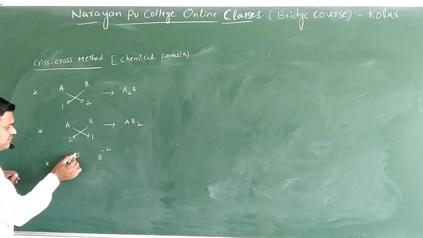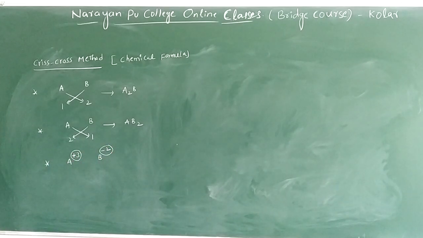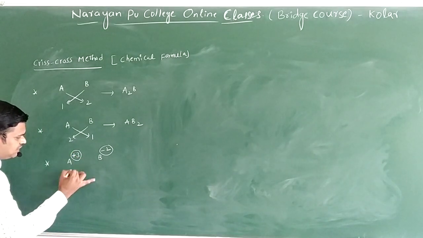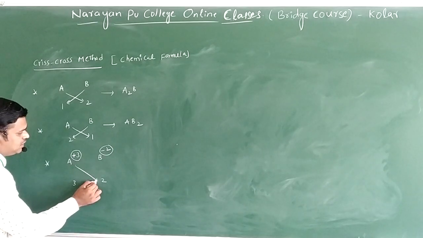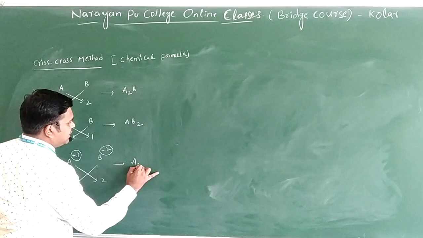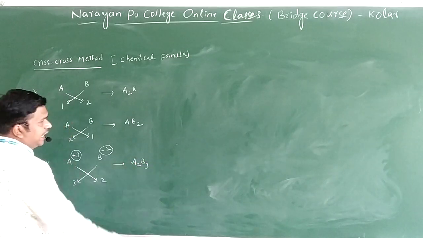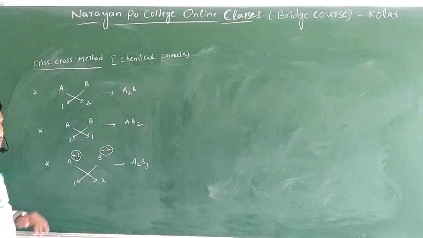Here, what are the charges given? A plus 3, B minus 2 only. So neglect the signs of the charges and write the same numbers here. Here you will write 3 and here you will write 2. Just do the cross multiplication. Then what will you get? A2 and B3. Okay, charges are given, you can do this the same way.